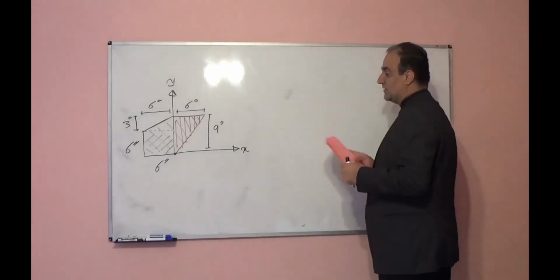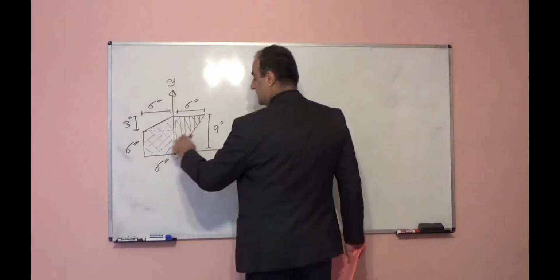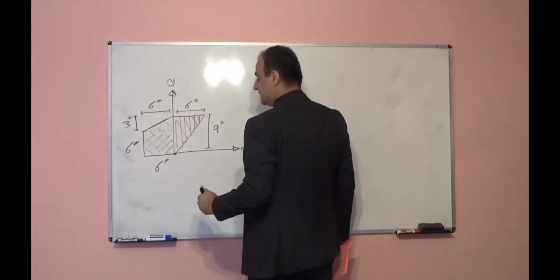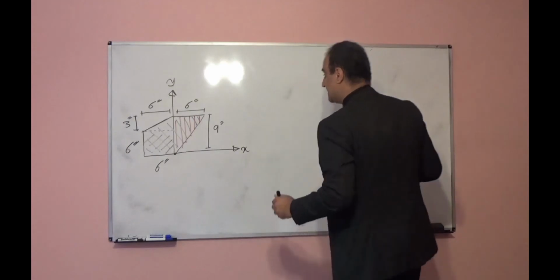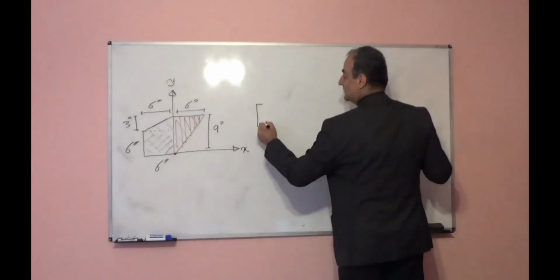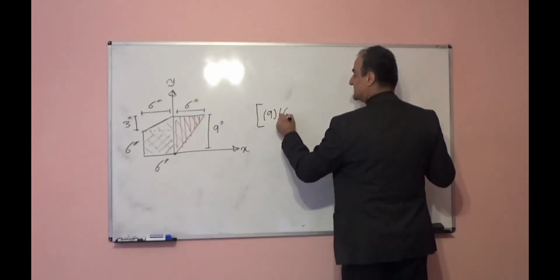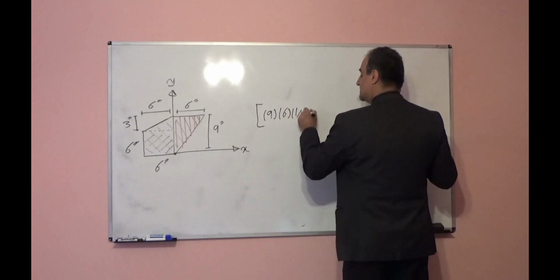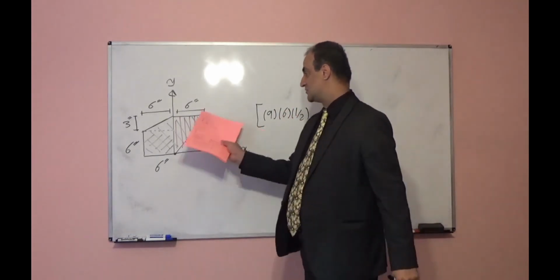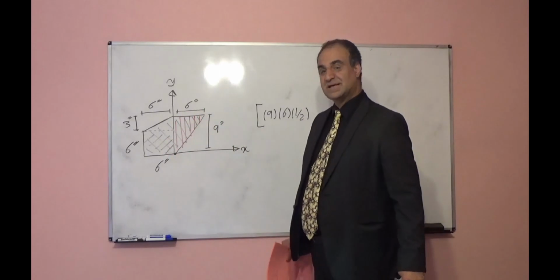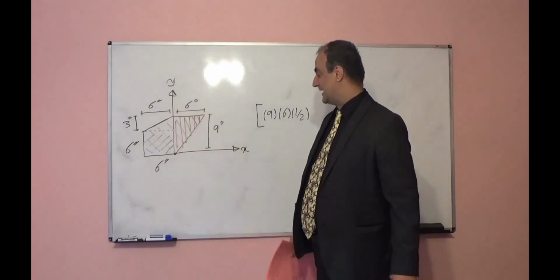X bar. Moment of area for each one respect to y-axis. It will be area for triangle 1, which is 9 times 6 times half. This will be area for this triangle, times the centroid up to y-axis.